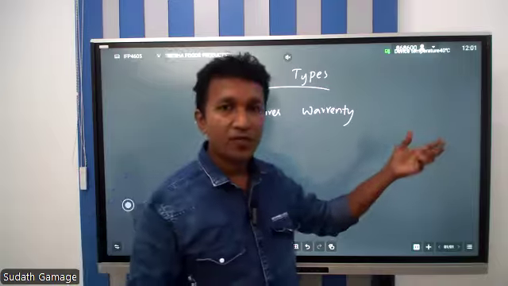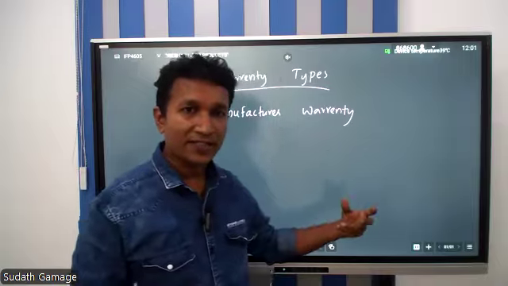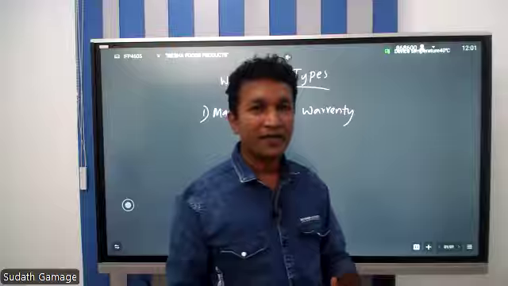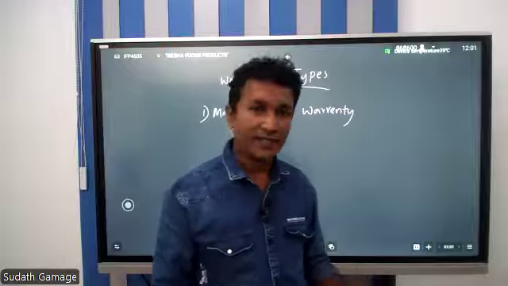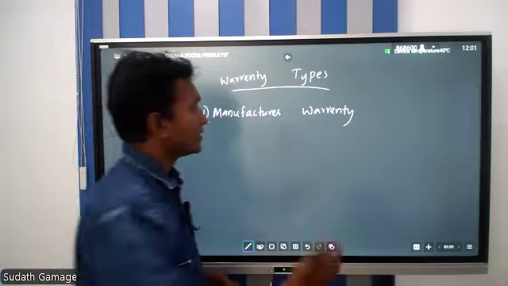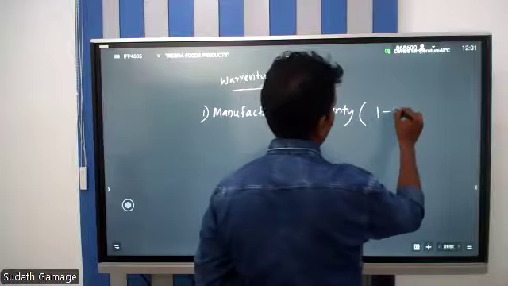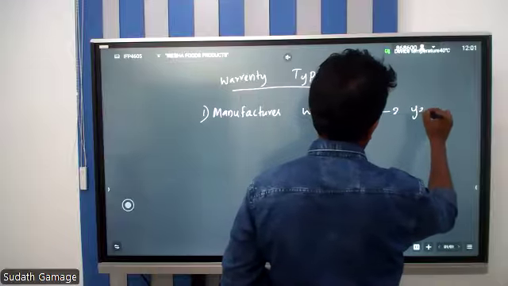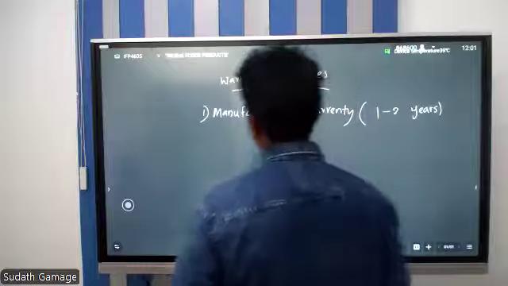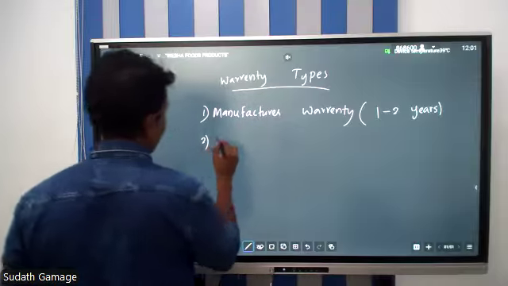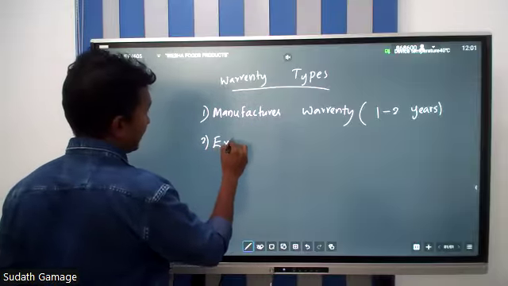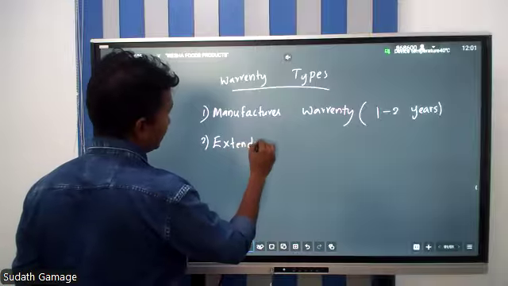Manufacturer warranty is what we normally get from the manufacturer. Normally it will be 1 to 2 years. Manufacturer warranty.